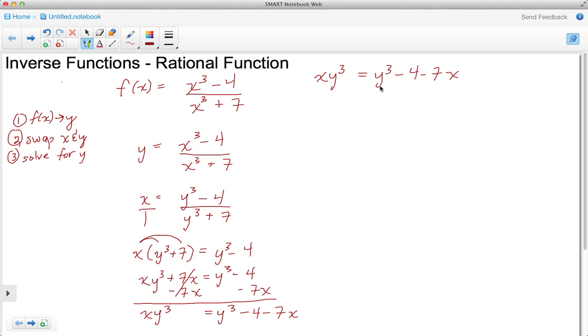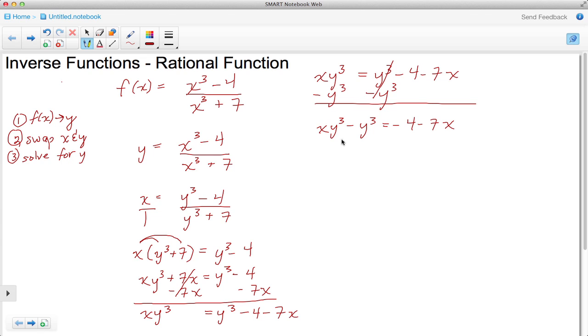Now I want to move this y to the third term to the left, so I'm going to subtract it from both sides. So minus y to the third and minus y to the third. These y to the thirds cancel, and here I'm left with x y to the third minus y to the third is equal to negative 4 minus 7x.